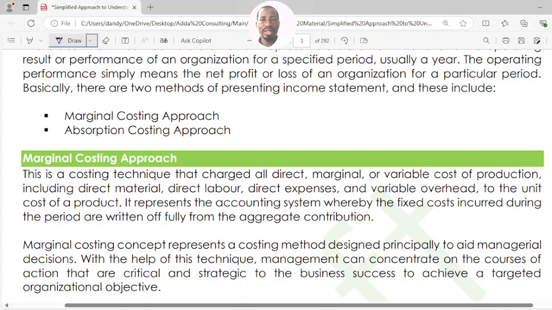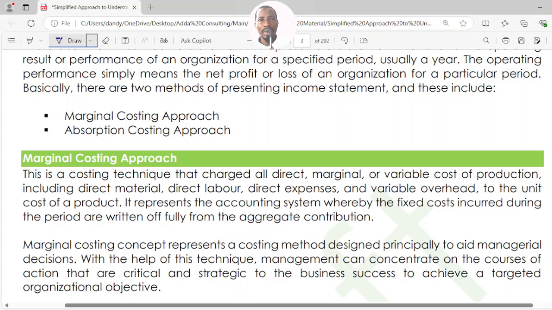Whether you call it direct cost, variable cost, or marginal cost, it's the same thing, because they are directly related to production. So when you want to determine the unit cost of a product, only the costs that are directly related to production and variable in nature are the ones you will consider. That is the meaning of the marginal costing concept.